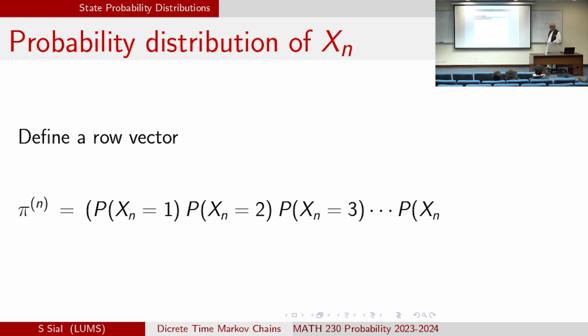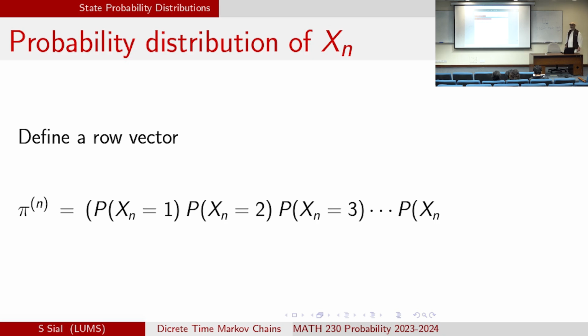Now, let's talk about the probability distribution at time n. This is a row of probabilities, and the first entry is the probability that the system at time n is in state 1, that the system at time n is in state 2, that the system at time n is in state 3, and so on.